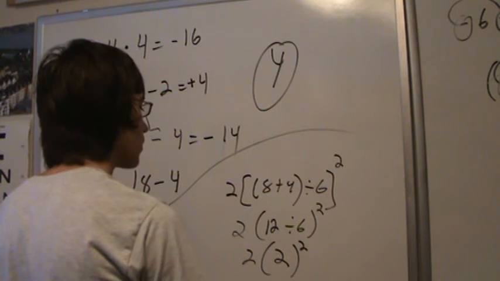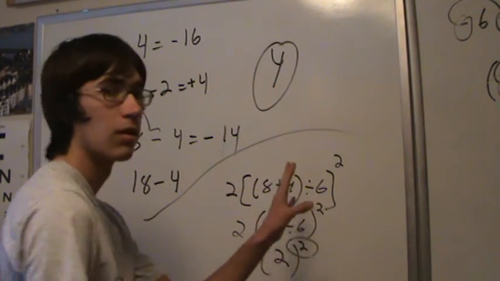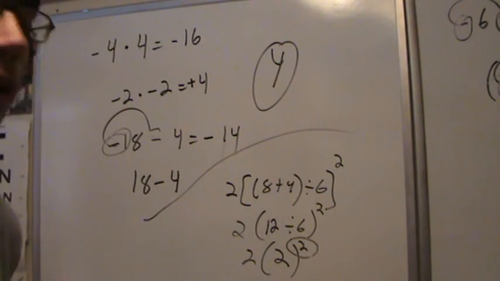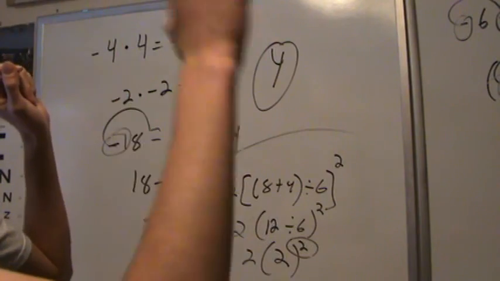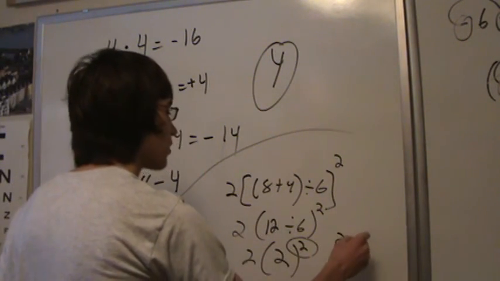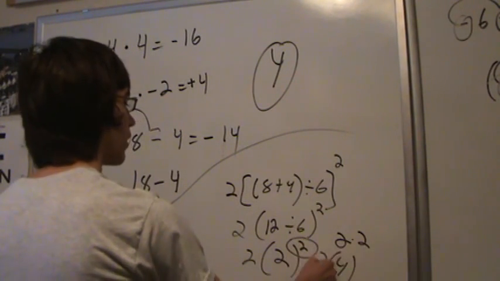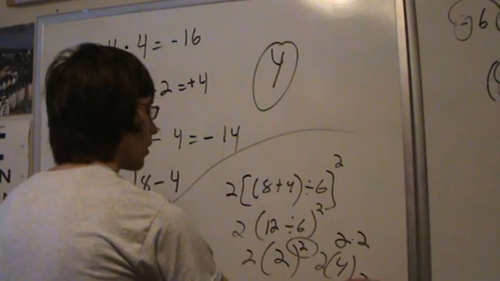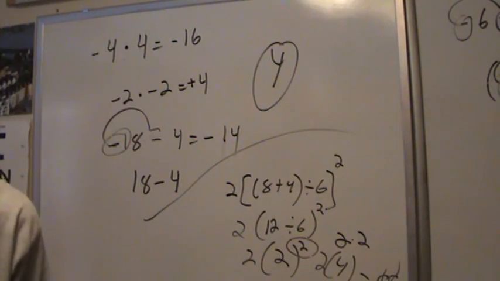So 2, and then in this case we do the exponent first. So that's 2 times 2, because 2 squared means 2 times 2, which is 4, times 2, which is 8. Oops. Alright.